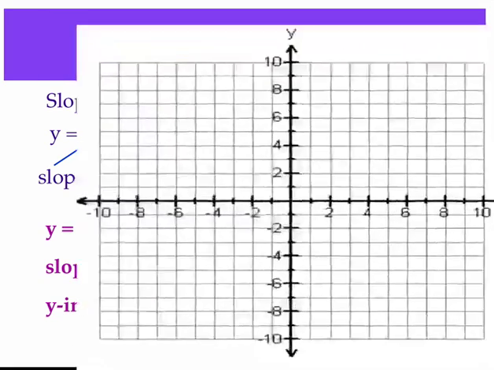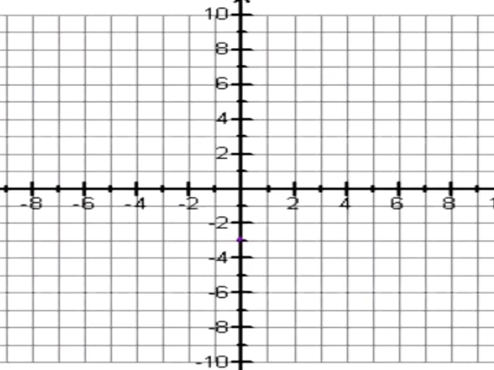Now to graph this, I find negative 3 on the y-axis, and then I'm going to use that slope. So from negative 3, I'm going to count up 2 and over 1, and I'm going to do this enough times so I can draw a fairly decent line. If I need to, I can also go down 2 and left 1, knowing that I want a line.